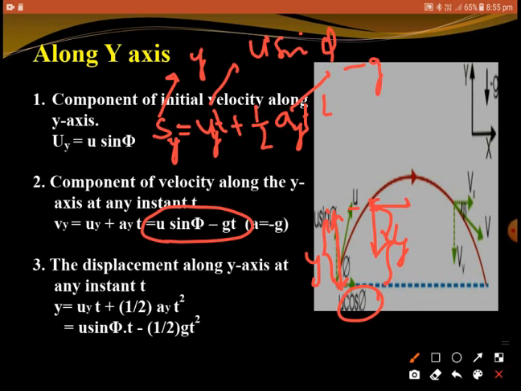If you put all those things, it will be y = u sine phi into t, minus half g t square. So the displacement along the y-axis is y = u sine phi t minus half g t square.